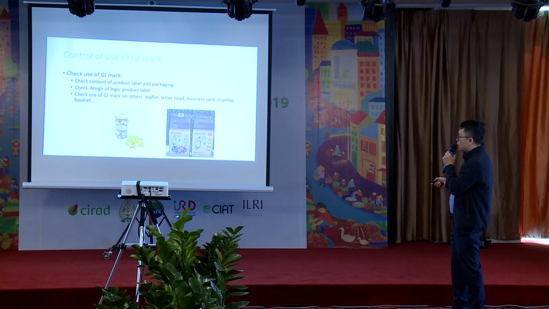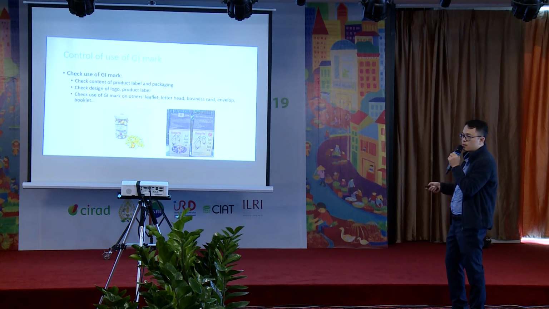So we check if the logo or the mark is properly used on the label or any other means like leaflet or letterhead or business card, envelope, booklet, anything that we regulate in the regulation. We check again if they use it properly.